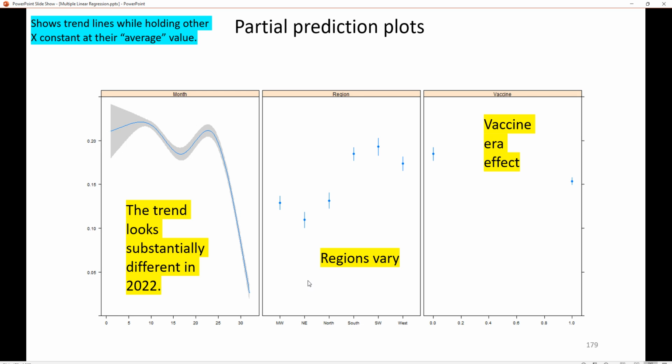And then in the middle, when we look at the effect of the region, we see that regions definitely vary. And when we look at the effects of the vaccine era, we do see a vaccine era effect where in this model the bed utilization seems to be coming down.